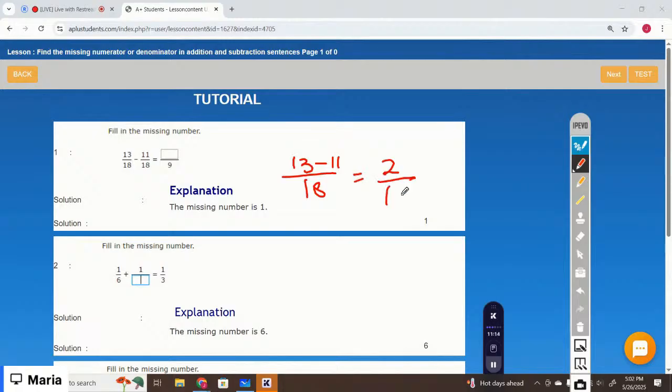That is 2 over 18. We have a common number that can divide both numerator and denominator, so just divide them by 2. 2 times 1 is 2, and 2 times 9 is 18. So you already have 9 there, and the missing number is 1. Got it? That is 1 over 9.